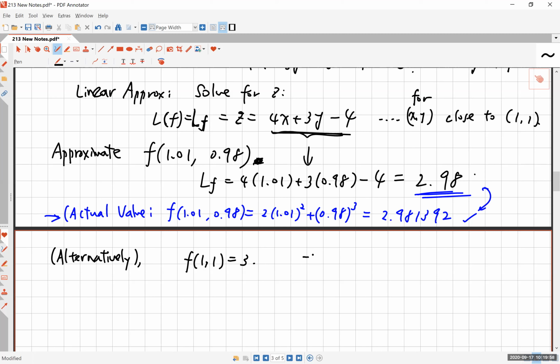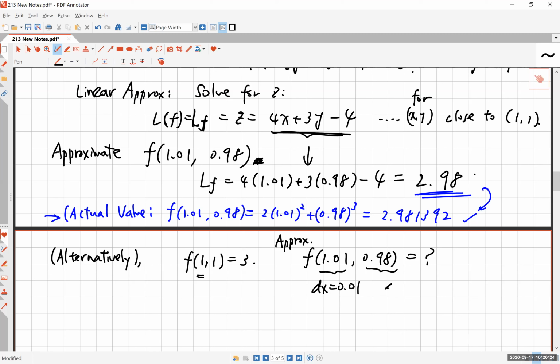And what we are trying to do is find f of (1.01, 0.98), and estimate, or let's use the same word, approximate it. Okay, that's our question. Notice here, this is different from 1 by 0.01.